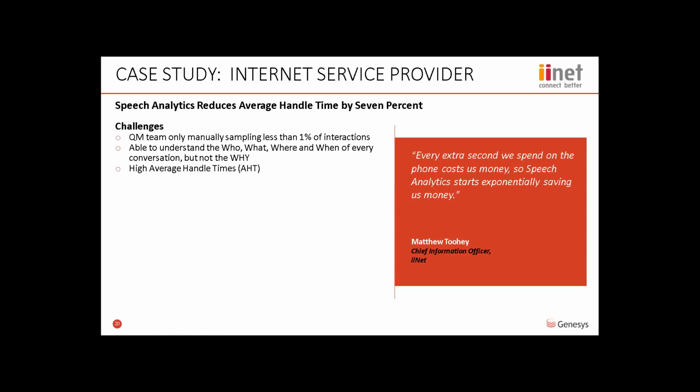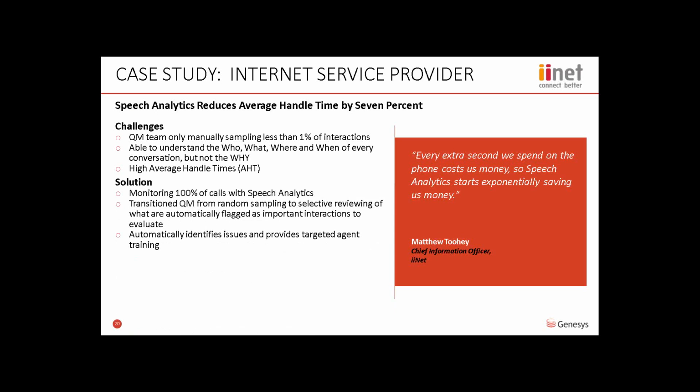Yet their other contact center systems and processes were quite robust. So they were very well able to understand the who, the what, the where, and the when of every conversation, but not the why. In other words, not why the customer was calling, not why average handle times were high, etc. And they were experiencing, unfortunately, high average handle times.